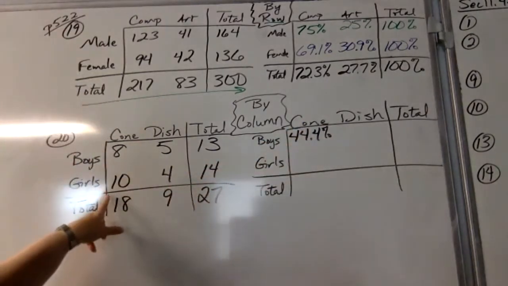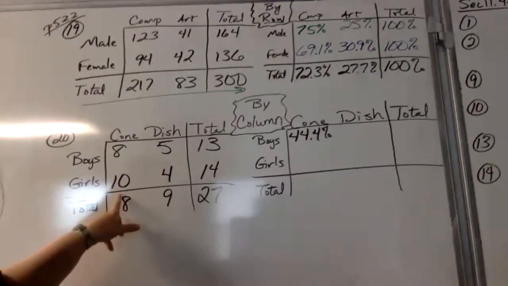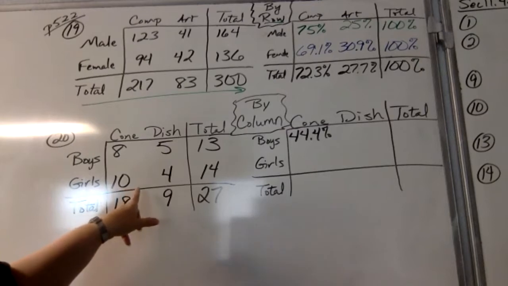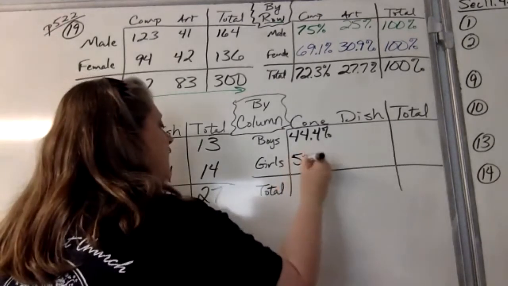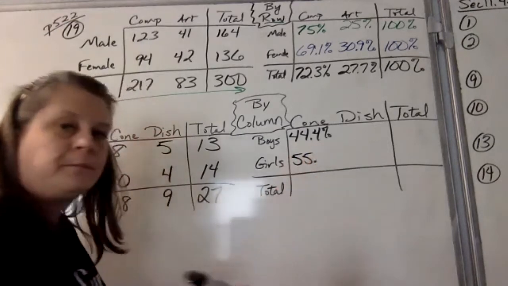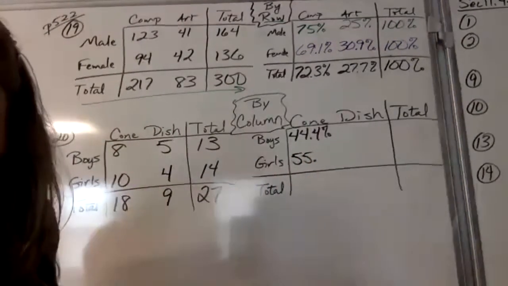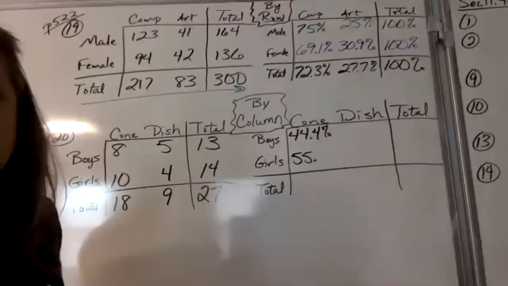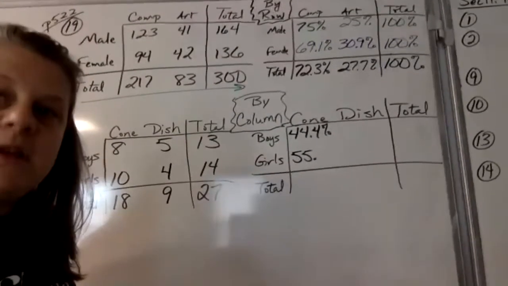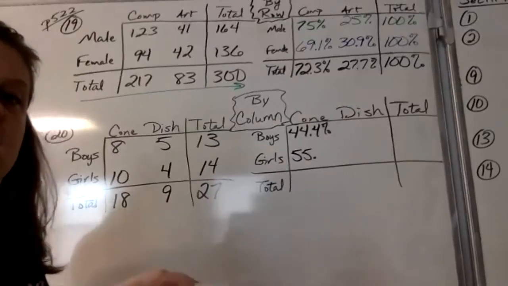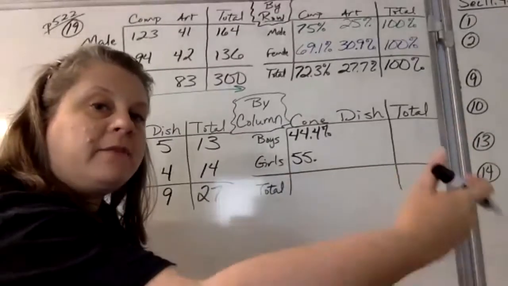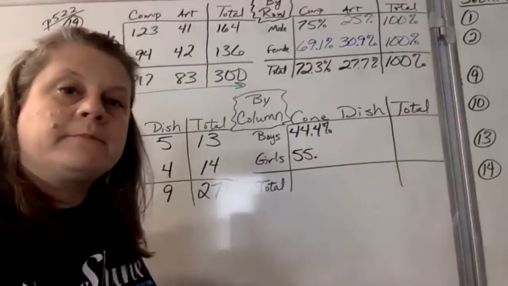And again, I'm doing by column, so I'm going to go on and keep finishing this column. So the girls, there were 10 out of 18. So 10 divided by 18, you get your decimal, change it to a percent. It's going to be 55 point what? If all of them are 5s, is that 5 going to make the number in front of it go up?